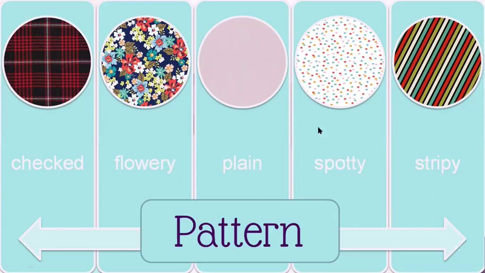The next one is spotty. Of course, you can see spotty patterns on dresses as well, but spotty patterns can be observed in different types of accessories as well. So if you see accessories, some of them might also be spotty. And stripy is pretty straightforward. Of course, it's a pattern comprised of stripes.